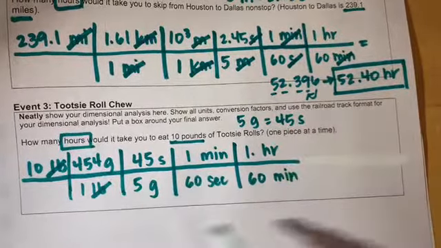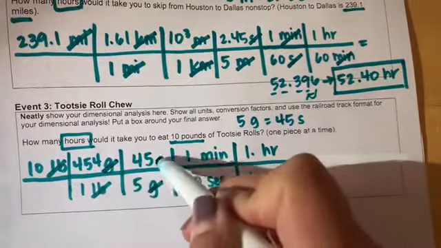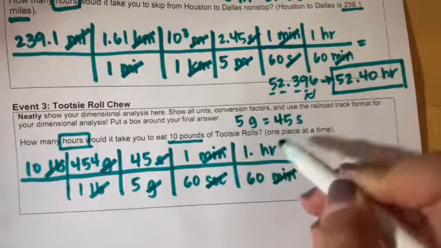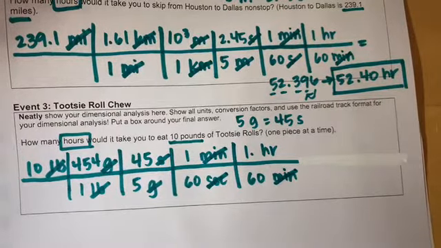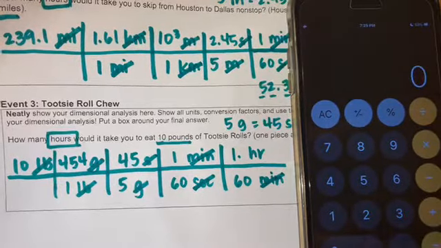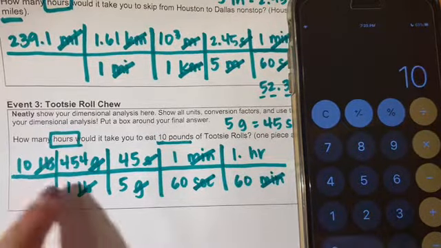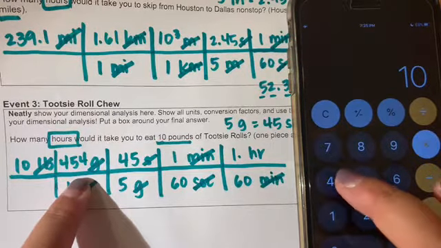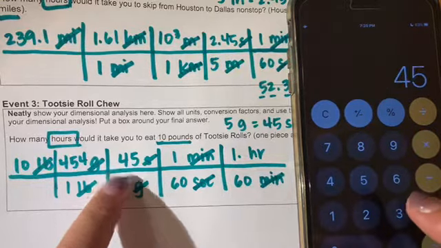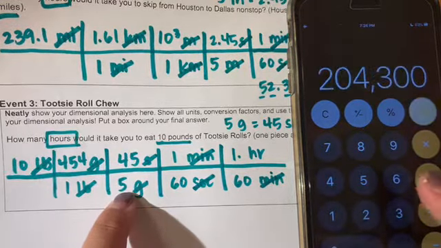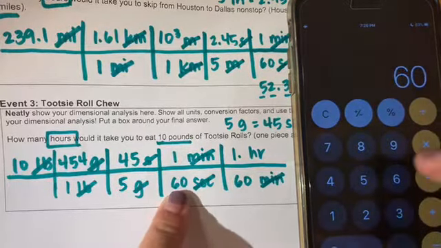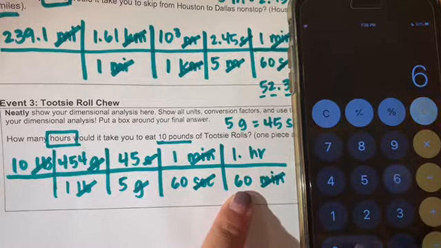So now that we can cancel out our units, grams cancels out grams, seconds cancels out seconds, minutes and minutes. We're left with hours, which is what we're looking for. Let's go ahead and calculate. Okay, so we have 10 times 454 times 45, and then divided by 5, and then divided by 60, and then divided by 60 again.